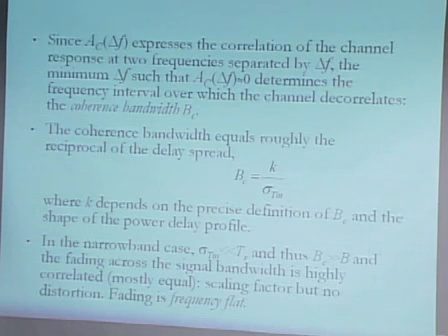So recall a basic property of the Fourier transformation, which is that if a signal has a certain duration in one domain, its Fourier transformation has duration 1 over that.